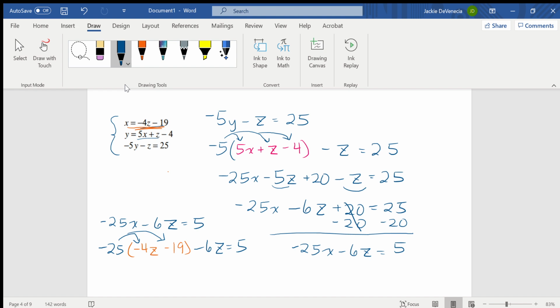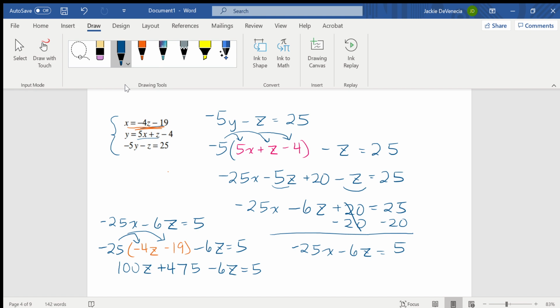So negative 25 times 4, that is negative 100z, positive 100z. Negative 25 times negative 19, that is positive 475. And then we just have that 6z to bring down and that 5.